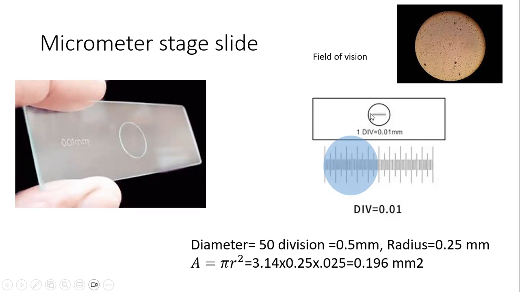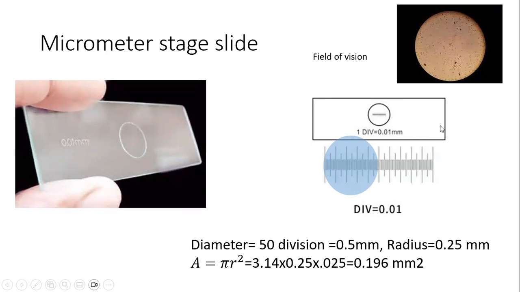The length of this marked area is 1 millimeter, and 1 millimeter is divided into 100 divisions. There are 10 large divisions, as you can see, 1, 2, 3, 4, 5, 6, 7, 8, 9, 10, and in between two large divisions you will find 10 subdivisions. This basically means that each small subdivision is equal to 0.01 millimeters in length.